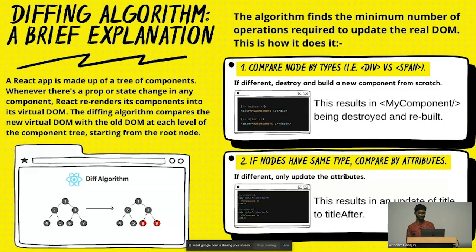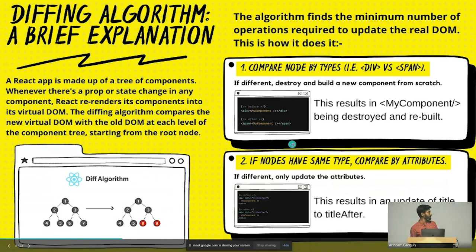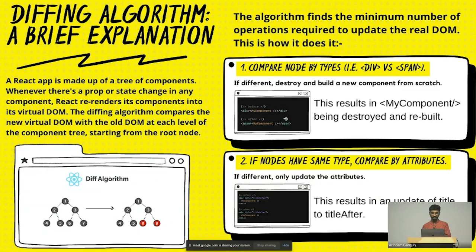So that's what is behind the scenes, how the virtual DOM works and how it essentially saves a lot of time for you. And if you also look at these two pieces of images, these two are the major properties of our diffing algorithm, right?